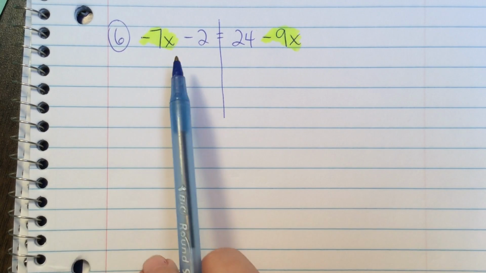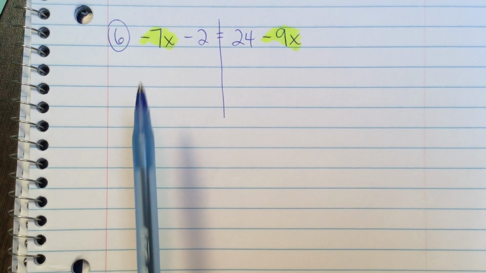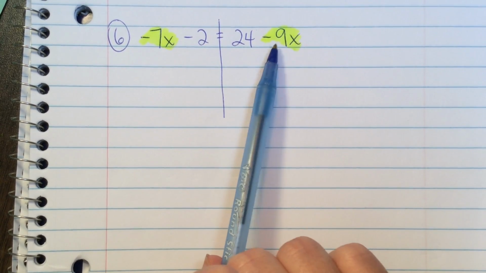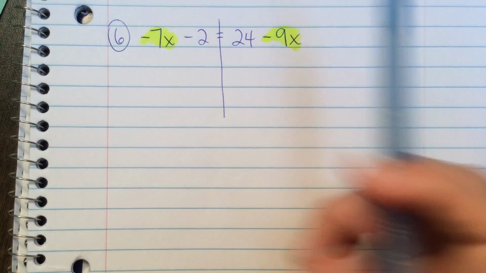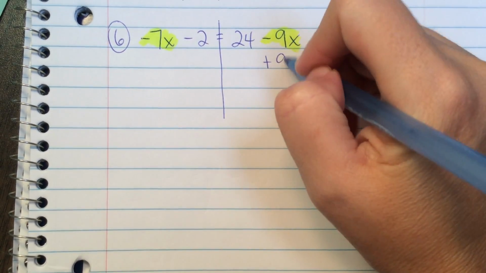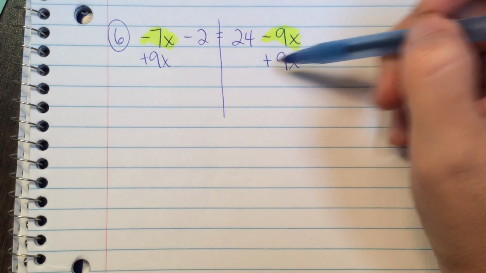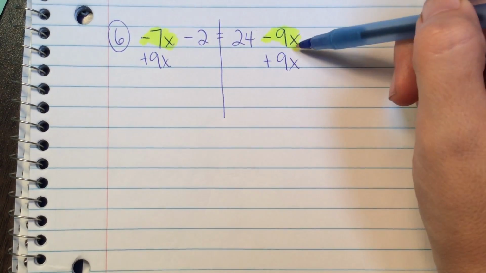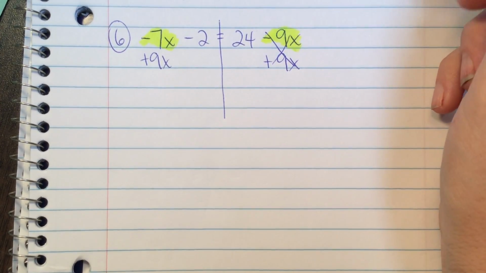Well, negative numbers are actually the opposite of positive numbers. So negative 9 is actually a smaller number than negative 7. So we're going to add positive 9, because negative 9 was smaller, and that's going to go away.